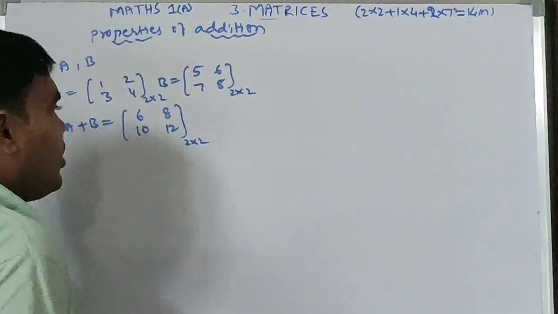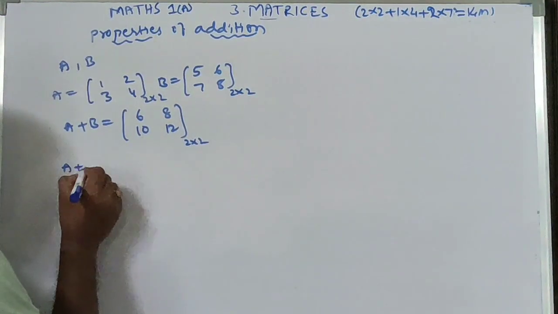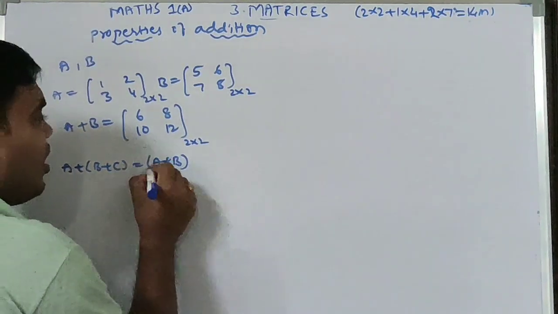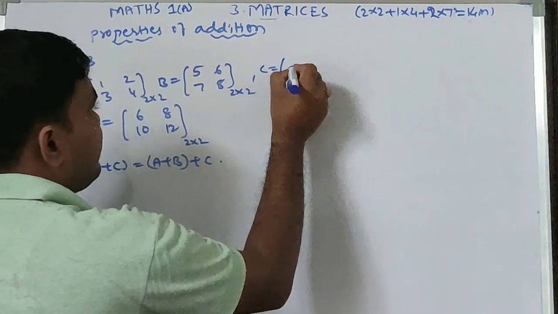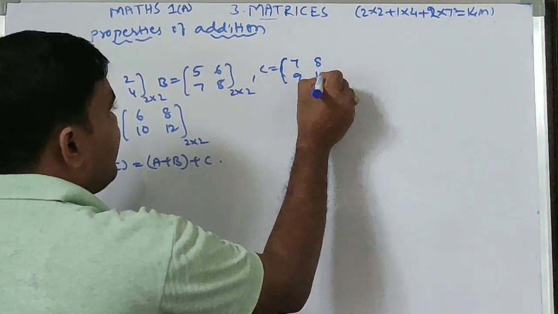Next, the associative property. The associative property is nothing but A plus (B plus C) equals (A plus B) plus C. I am taking one more matrix C: 7, 8, 9, 10.